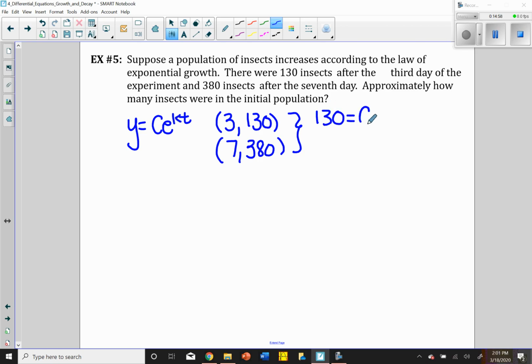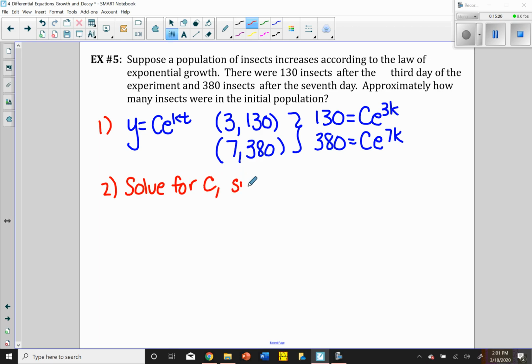130 is C e to the 3k. And then also 380 is C e to the 7k. We can treat that like a system of equations and solve for C and then substitute to find k. So first we set up a system of equations. We're going to solve for C and substitute to find k.